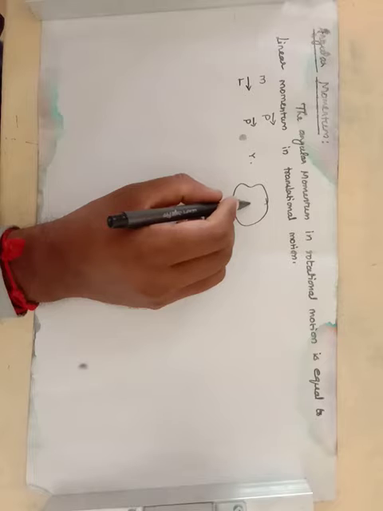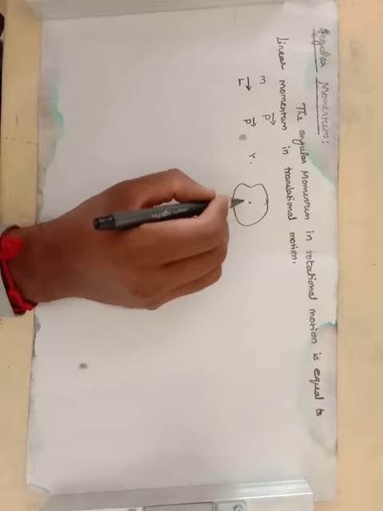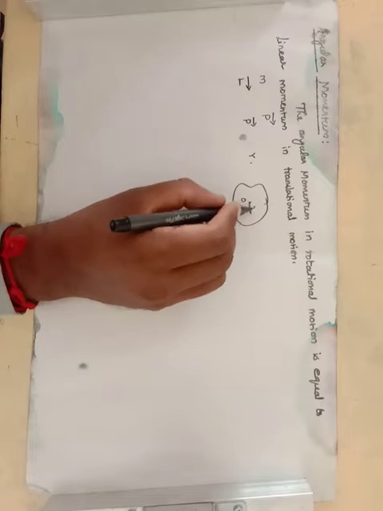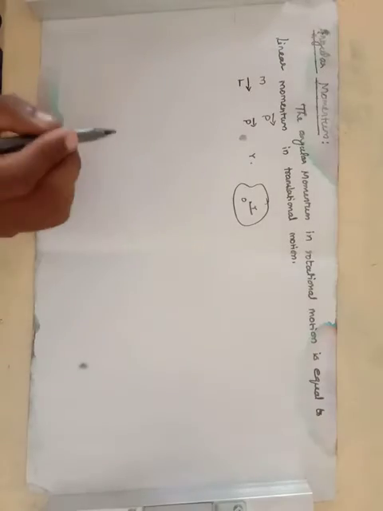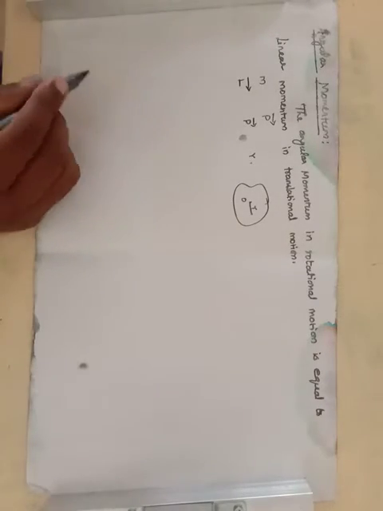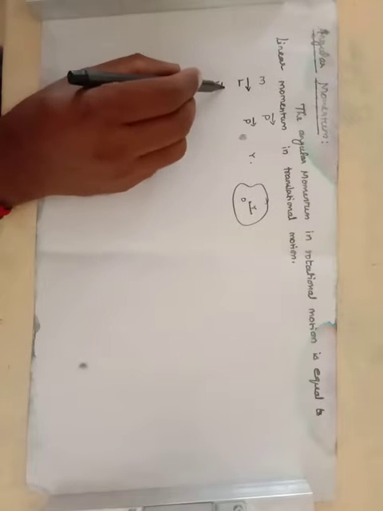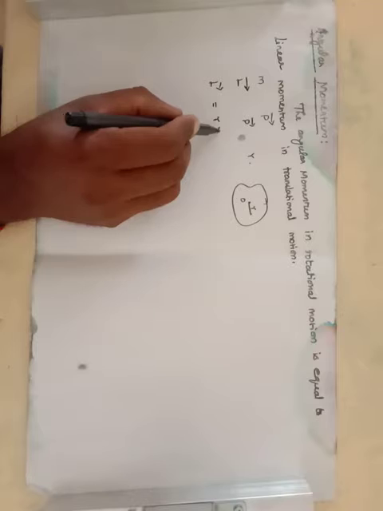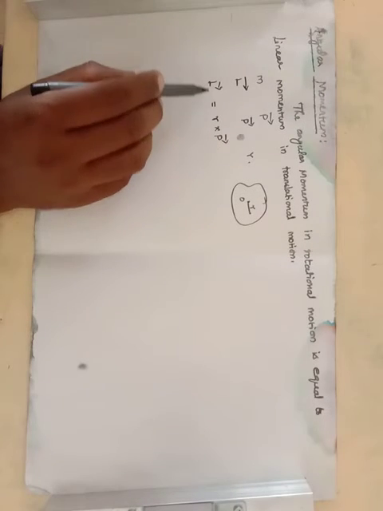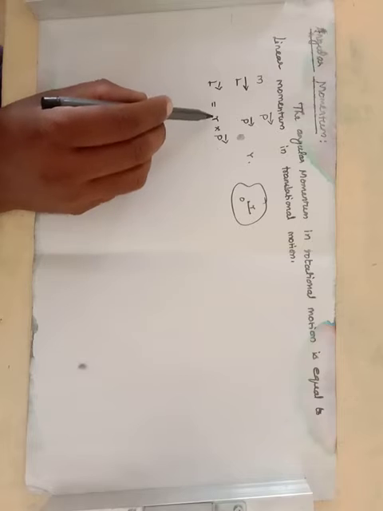This body has a fixed point O. At a point r it experiences a momentum, the angular momentum, L vector is equal to r cross p vector. So the angular momentum is equal to perpendicular distance into linear momentum.